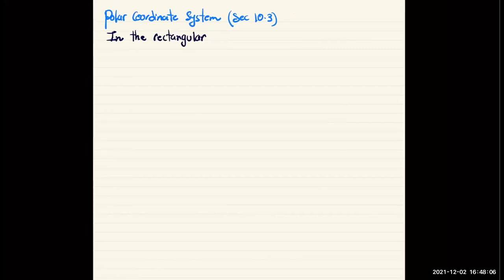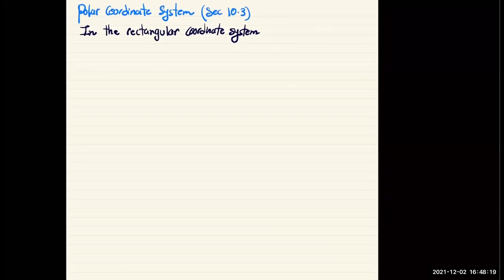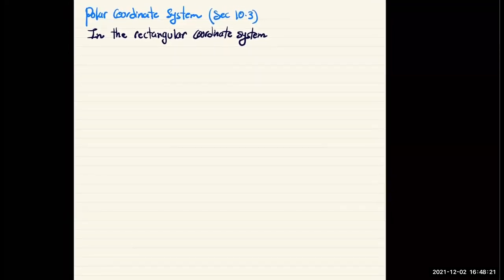So the rectangular coordinate system, also known as the Cartesian, every point is represented by x, y. It sounds like a wrestling match.